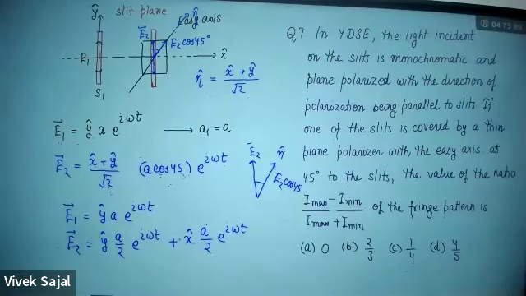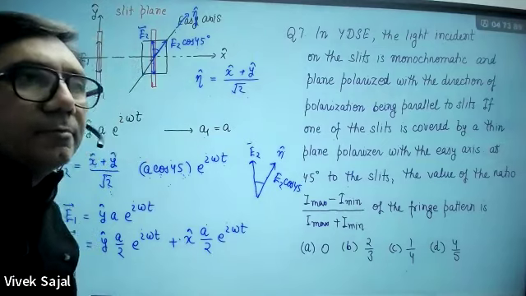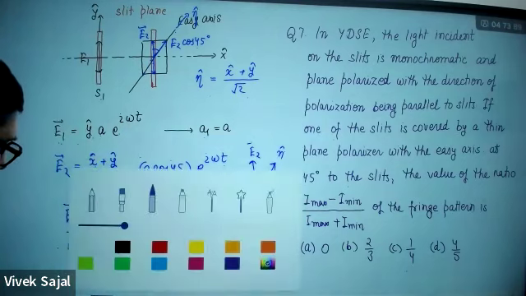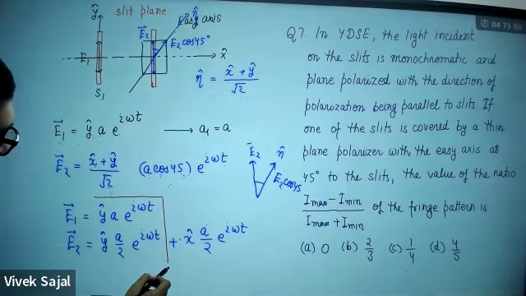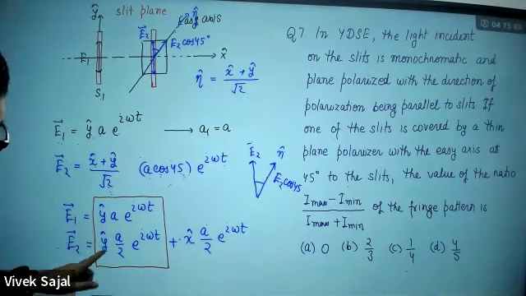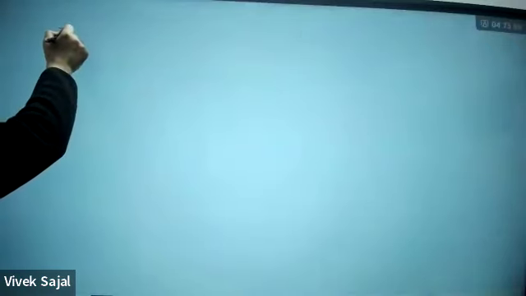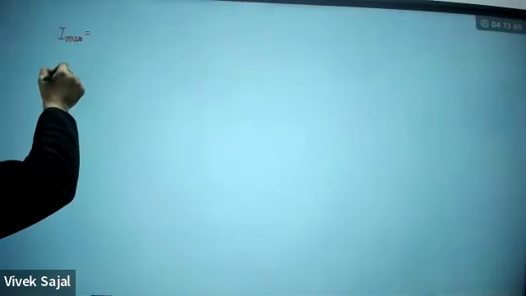Now in between which components is interference going to take place, so that intensity has maxima or minima? Can you tell me, sir, which component? Y component, Y direction. Yes, correct. So interference will take place in between these two components. Due to these components, try to understand what will be I max and what will be I min.